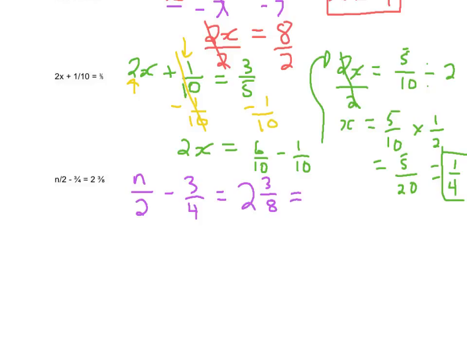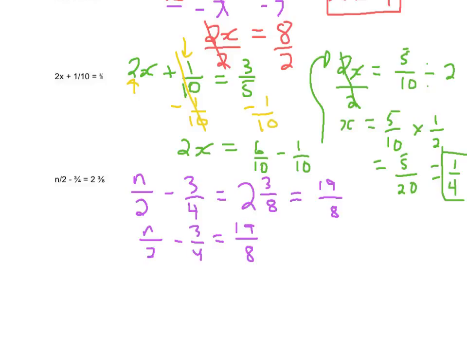So I switch 2 3/8 into 19 over 8. Remember, you take the coefficient times the denominator, so 2 times 8 is 16, plus the numerator is 19 over 8. So I'm going to rewrite it now in that form: n over 2 minus 3/4 is equal to 19 over 8.